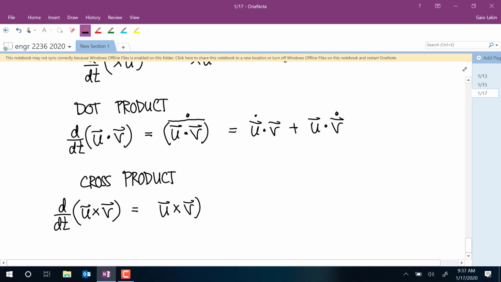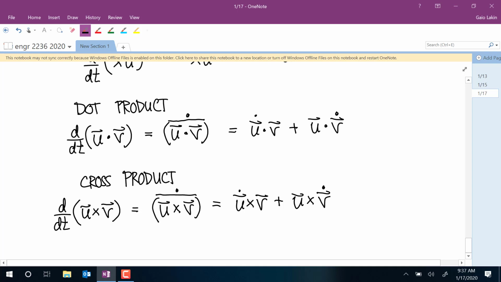And you can write that with that other notation too. And this one is equal to u dot cross v plus u cross v dot.